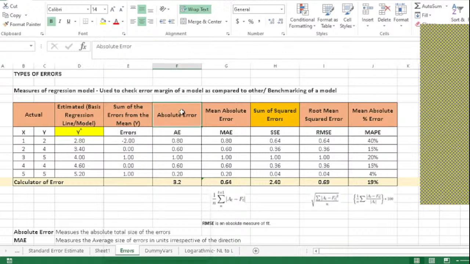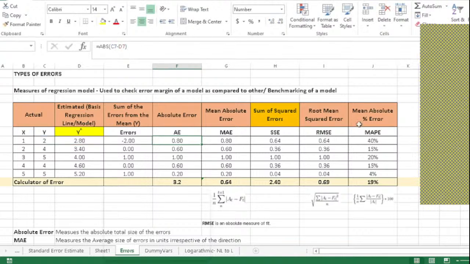Then absolute error. What is this absolute error? Absolute error is simply the difference between the predicted y, which is 2.8 here, and the actual y. And notice again, it is in absolute terms.